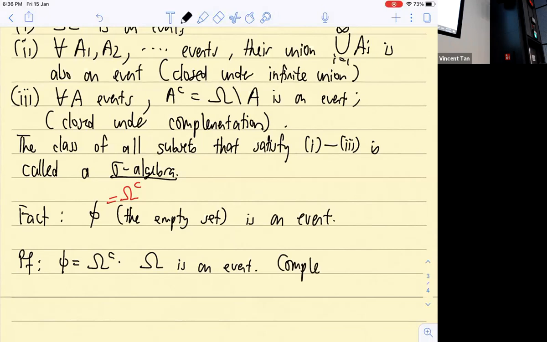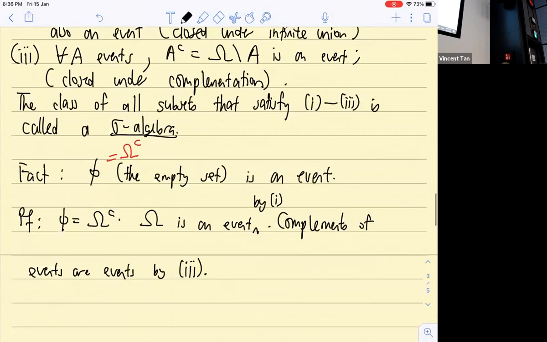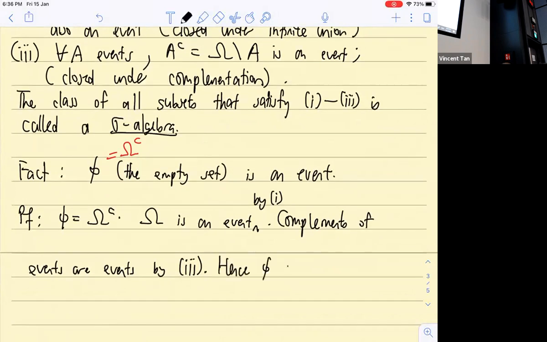Omega is an event by 1. Complements of events are events by 3. Hence, phi is an event. This is a proper proof.